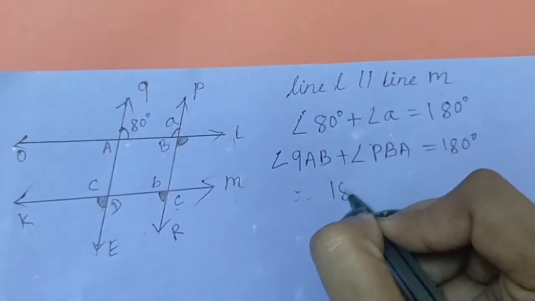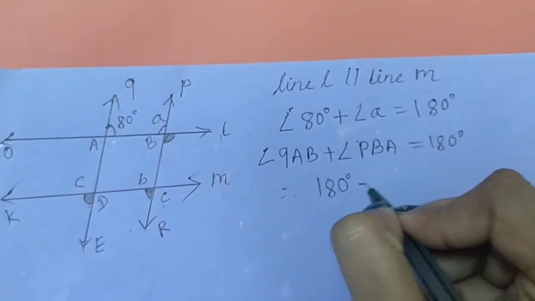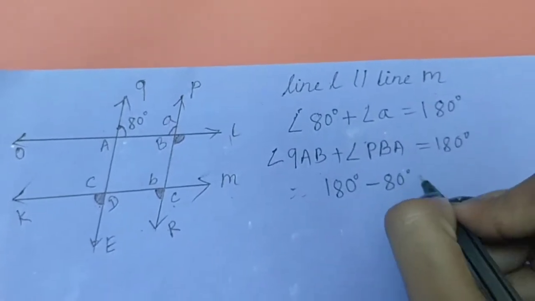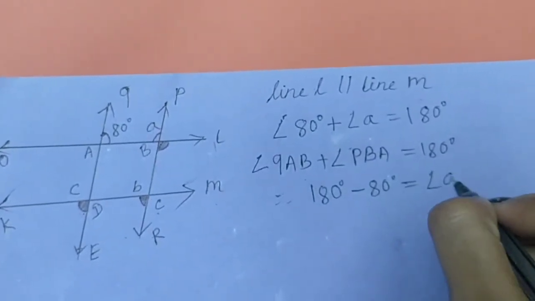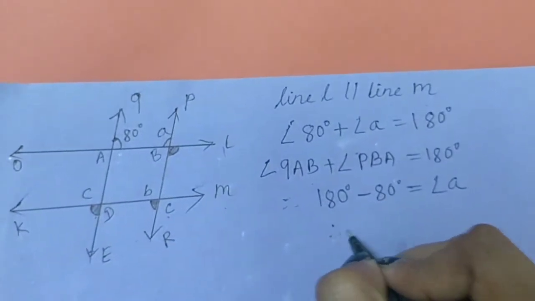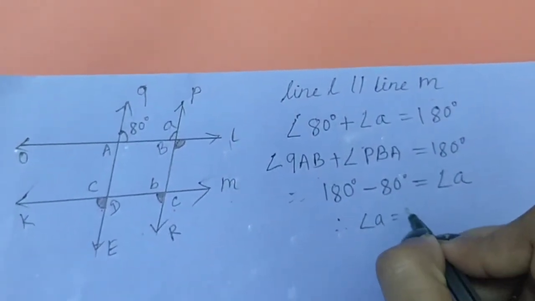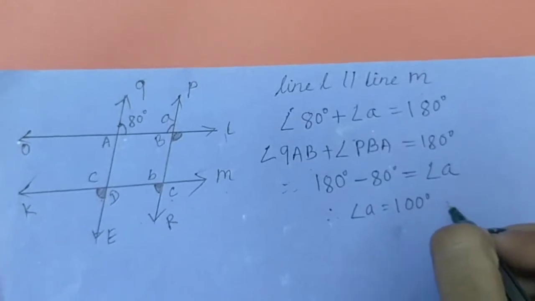Therefore I get 180 degrees minus 80 degrees, and that will be equal to angle A. Therefore angle A is equal to 100 degrees.